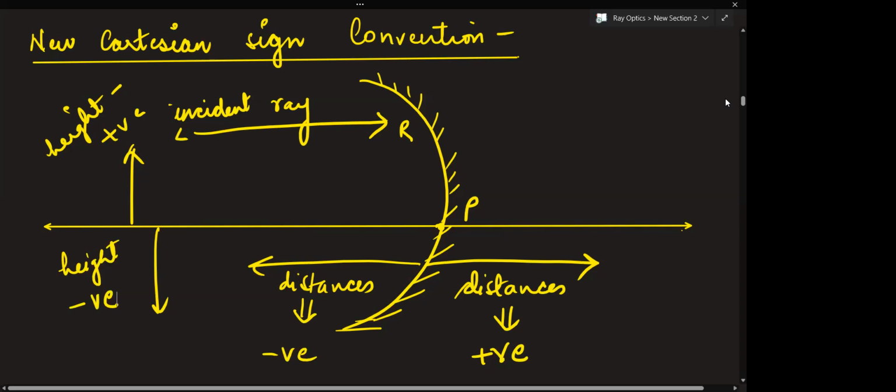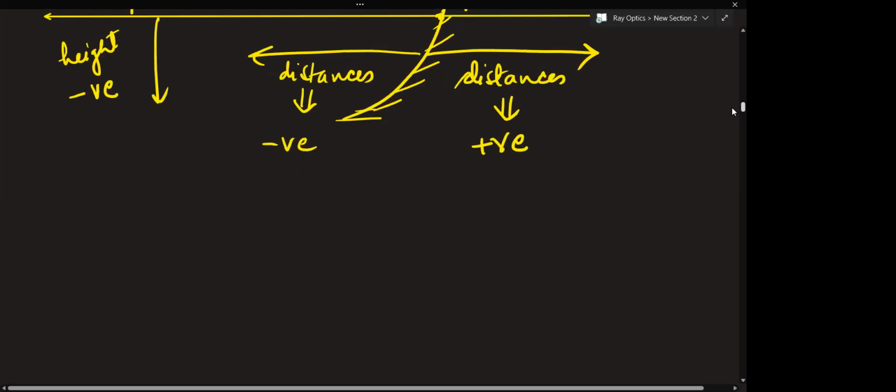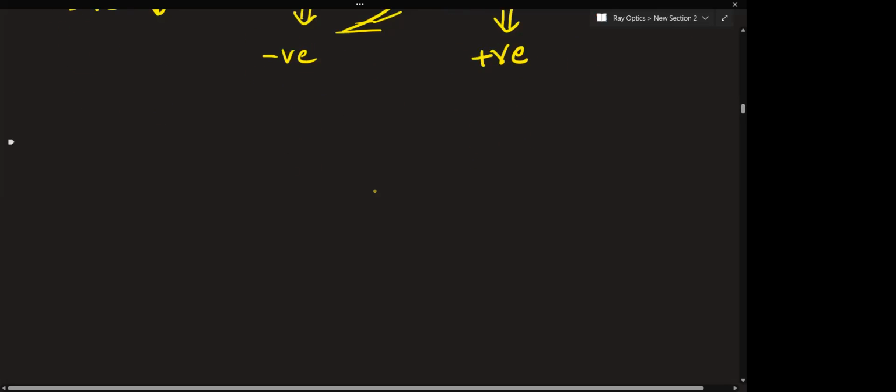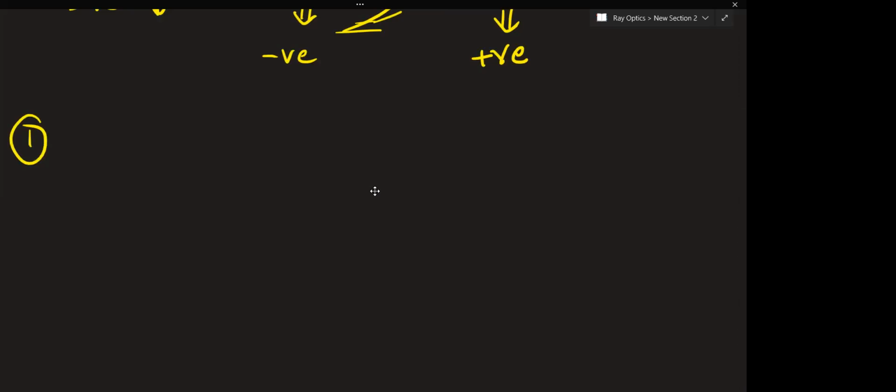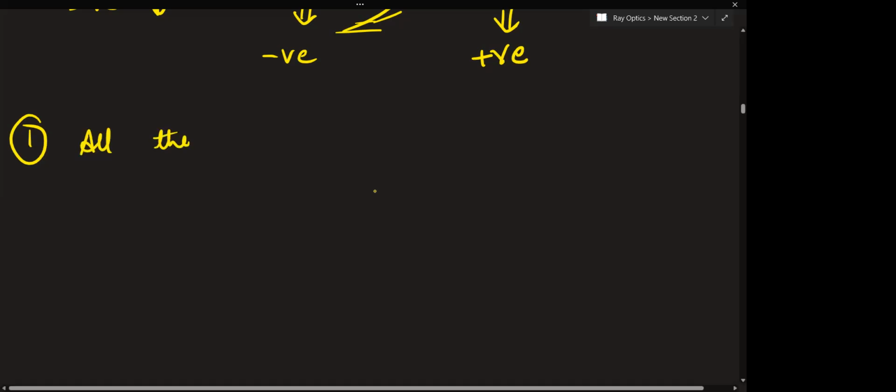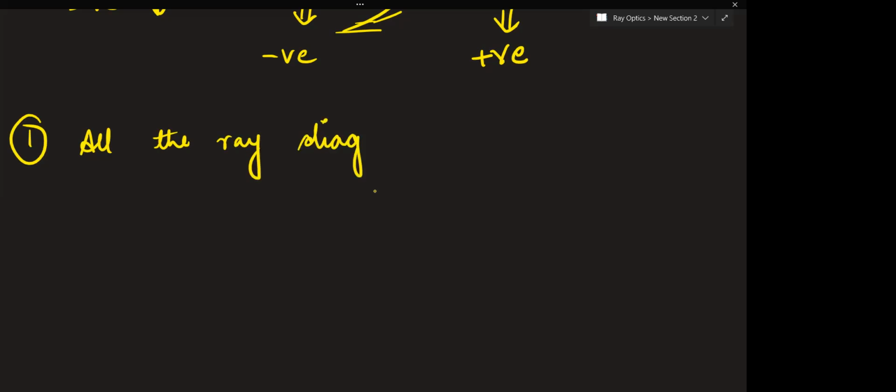Now I'm writing and repeating the points because this is important. This is your very basics. So I'll repeat all the points. If you have any query in whichever point, let me know and I'll repeat that point once again. First point: all the ray diagrams. We are actually preparing ourselves for ray diagrams. Any ray diagram can be asked of you.